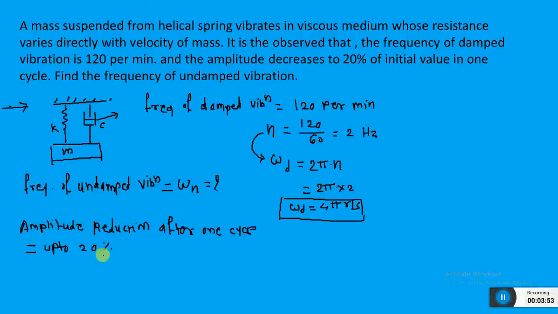That means if the initial value is x0, then the value of amplitude after one cycle will be only 20% of the x0 value.